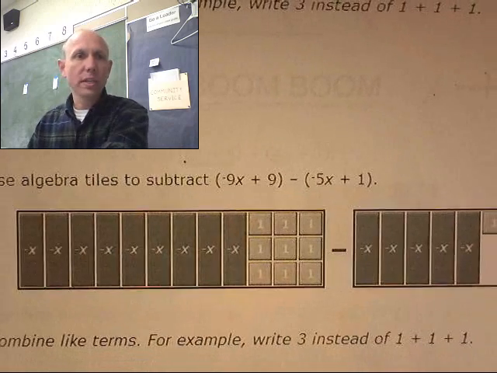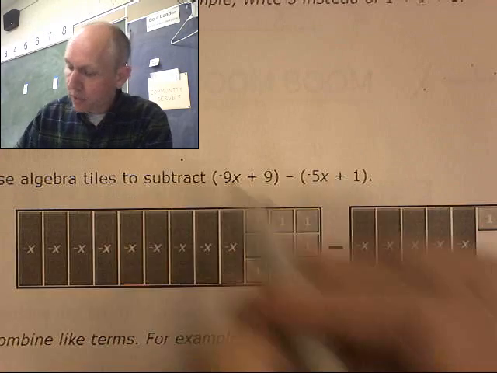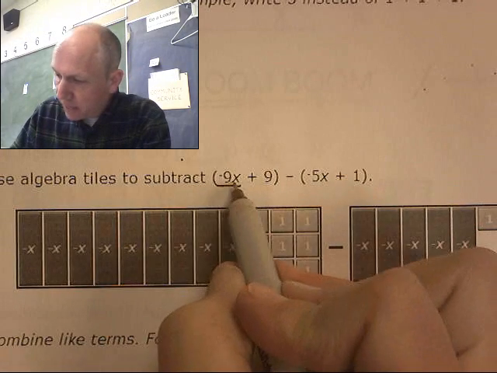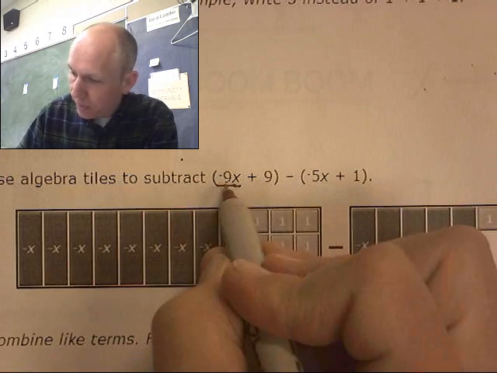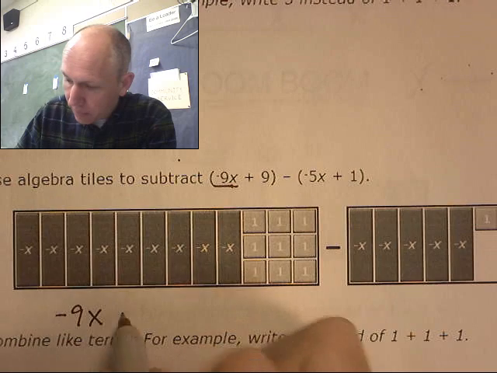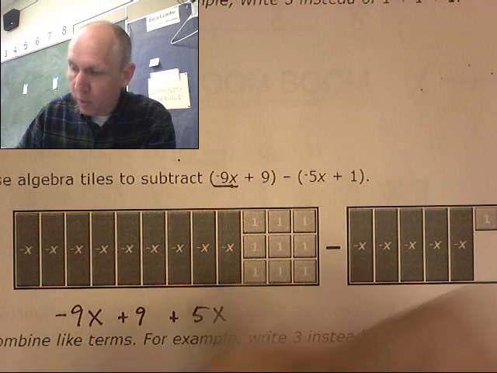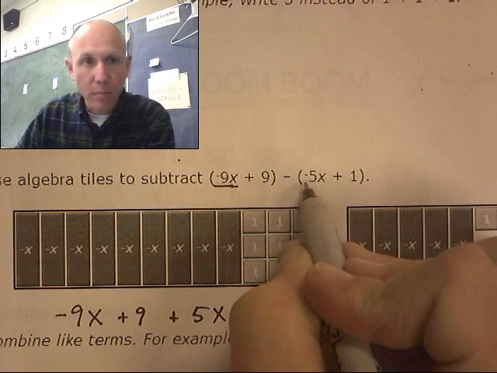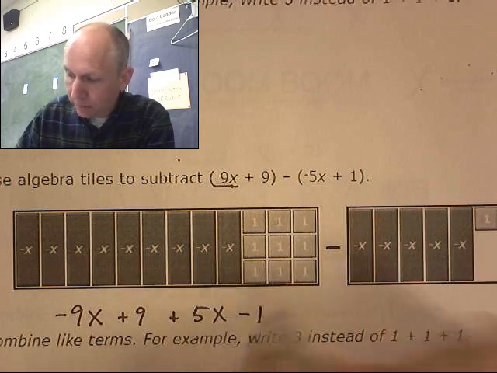Now the goal is to get away from the tiles and be able to do it without tiles. So let's look at this. I have negative 9x, negative 9x plus 9 plus 5x. Why did I put a plus? Because of the boom boom. And this negative is going to run through and change that into a negative 1.